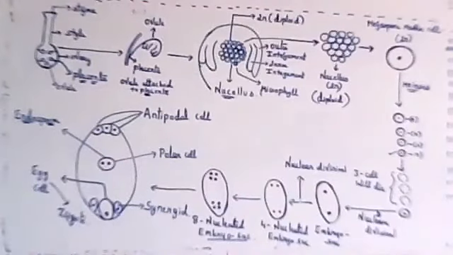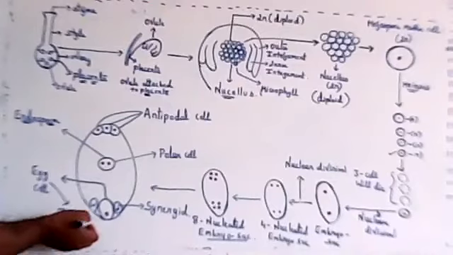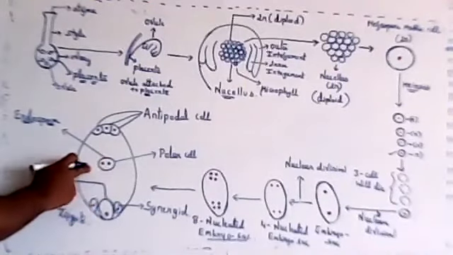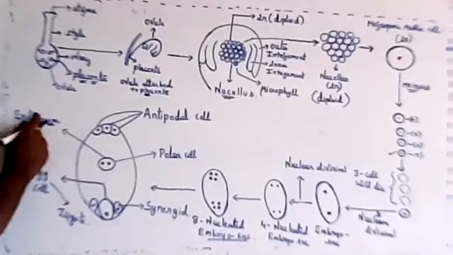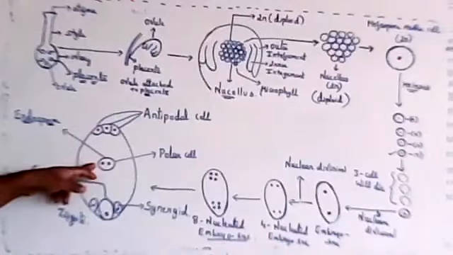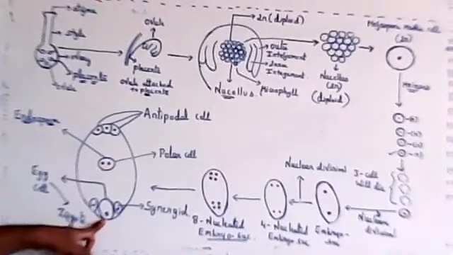So 2 male gametes will be present in the pollen grain. One will fuse with the egg and immediately form the zygote, which afterwards will form the embryo, and one more male gamete will fuse with the polar nuclei. That will form a structure called endosperm. The function of endosperm is to provide nutrition to the developing embryo.